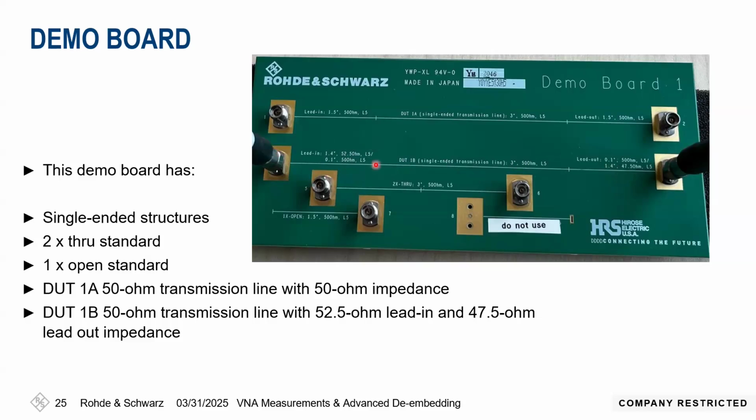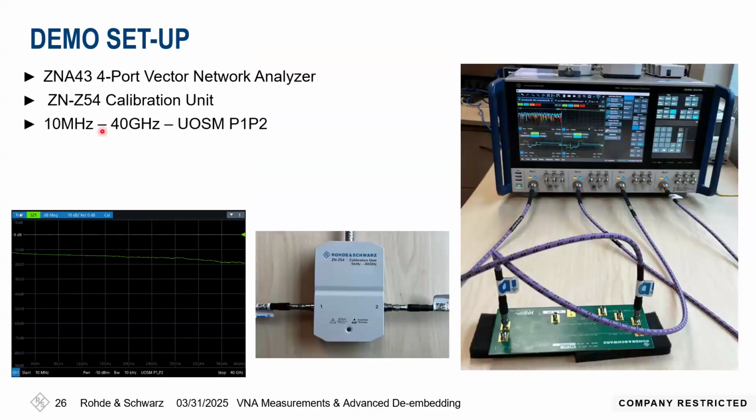So basically, this gives a very good idea of how fine our RNS de-embedding technique is, which will actually compensate for these impedance mismatches as well. And the 2x-thru is, of course, 50 ohms. So this is the test setup which I will be using for the demonstration.